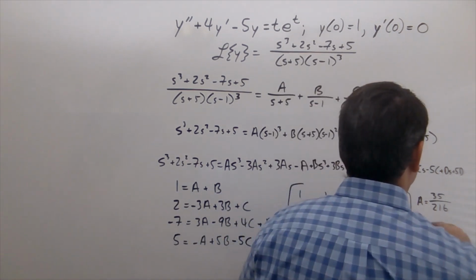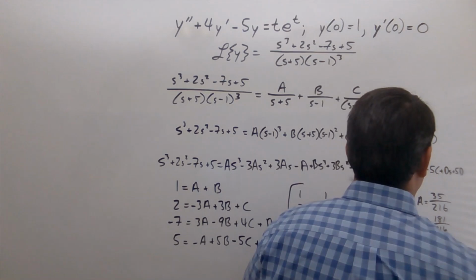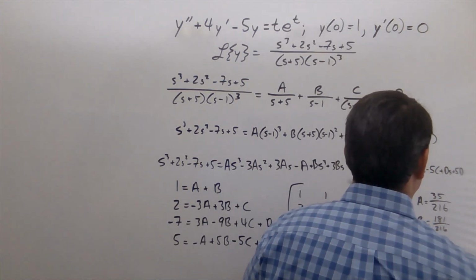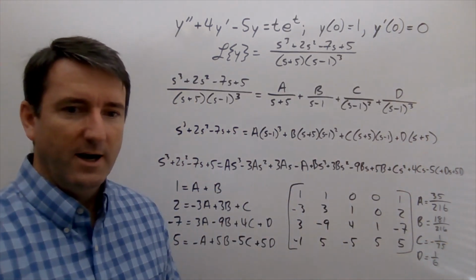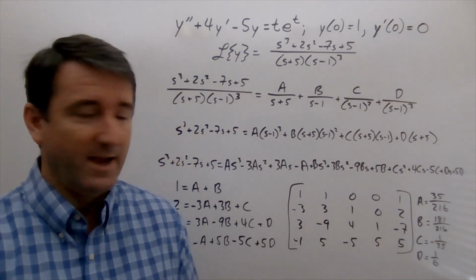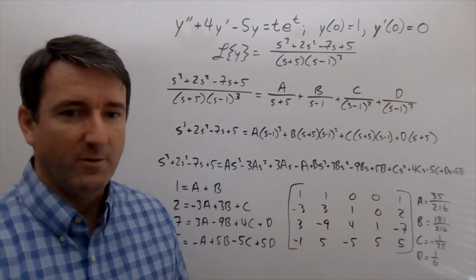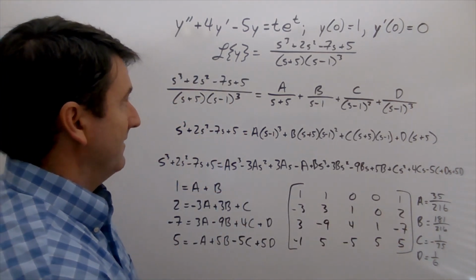And B is equal to 181 over 216. C is equal to negative 1 over 36. And D is equal to 1 over 6. So I just put this matrix into the calculator, did a reduced row echelon form on it, and found those solutions.